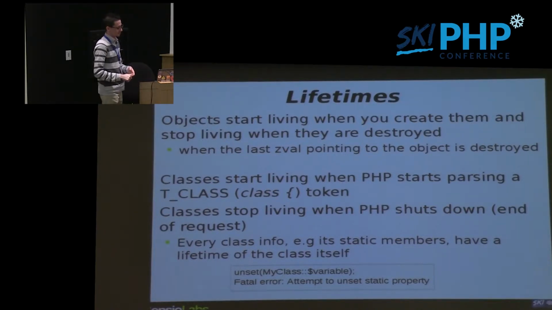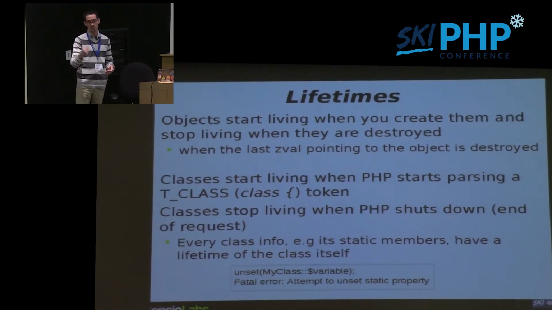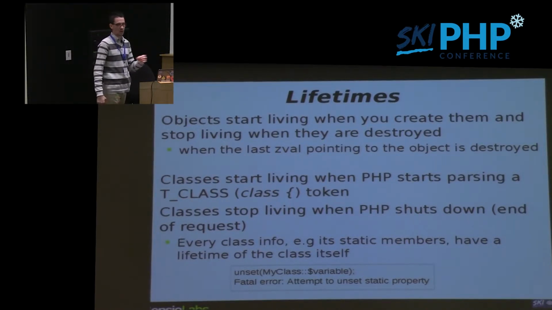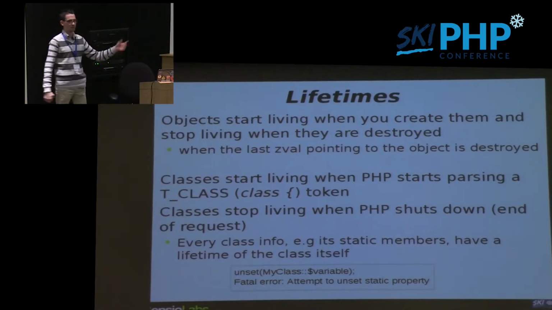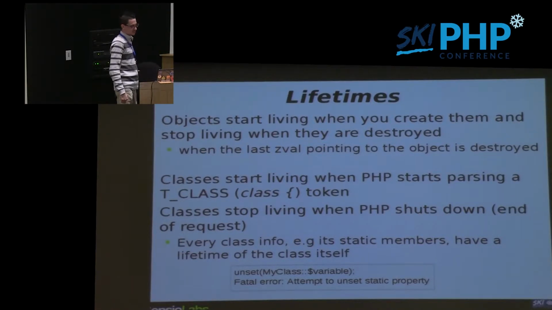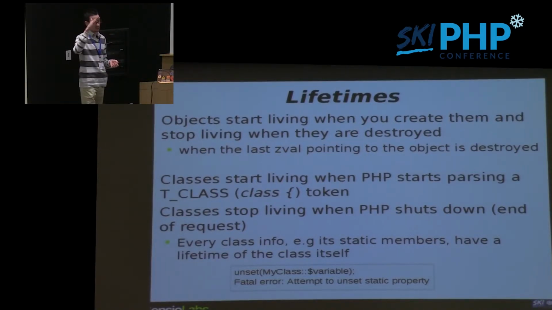PHP frees the class, and it frees the hash table of its properties and static properties. That's why you cannot unset class properties. You cannot unset a ClassName::$variable, you will have a warning or a fatal error, because PHP destroys the static variables itself. Everything which is static will live for the whole PHP lifetime, which is somehow logical. It will never be freed.